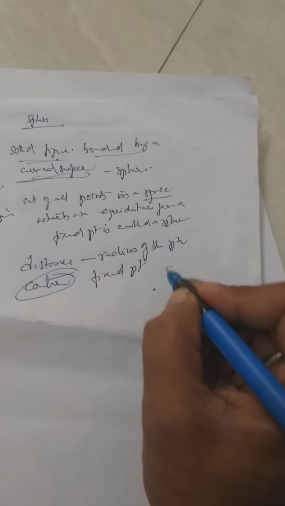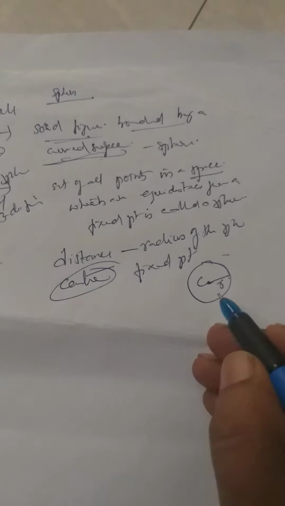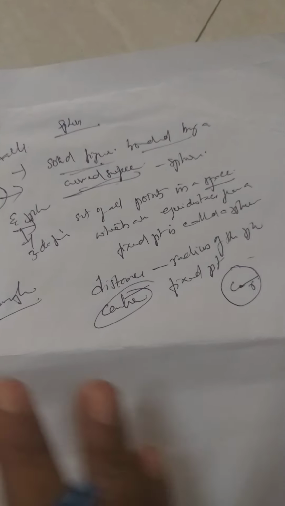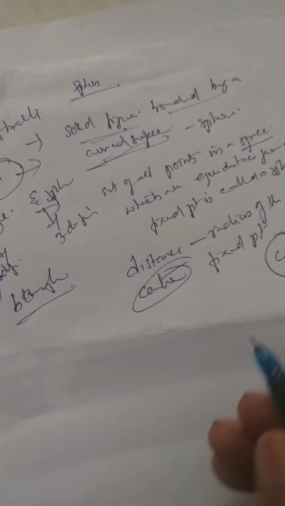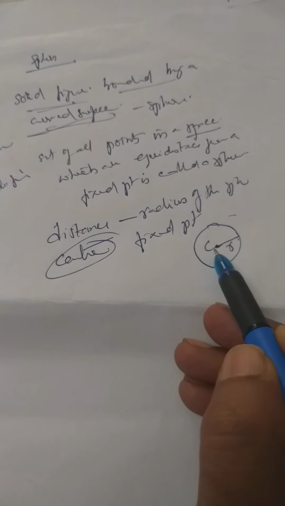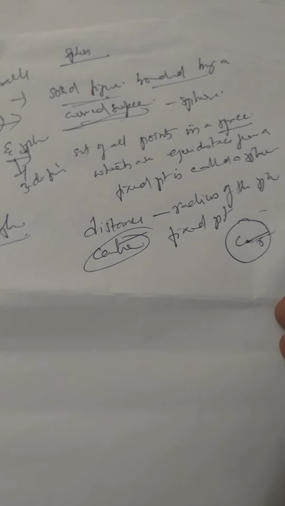This is called the center of the sphere, C, and this is called the radius of the sphere, R. Both are similar to the concepts of a circle. Remember, the fixed point is called the center of a sphere, and the distance is called the radius of a sphere.